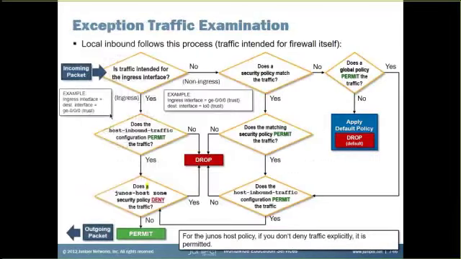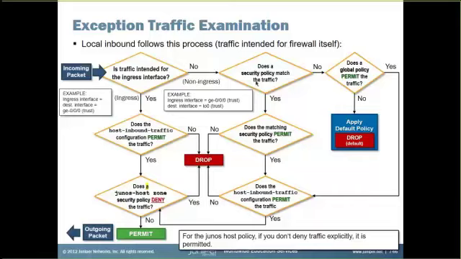Now, if the traffic is not intended for the ingress interface, things are a little bit more complicated. We check if there is a security policy that matches the traffic, because I might be coming in on GIGI 000, but I'm trying to SSH into GIGI 100. 000 is in the trust zone, 100 is in the untrust zone. So I need a security policy for that traffic, and we check for that. Does a security policy match the traffic?